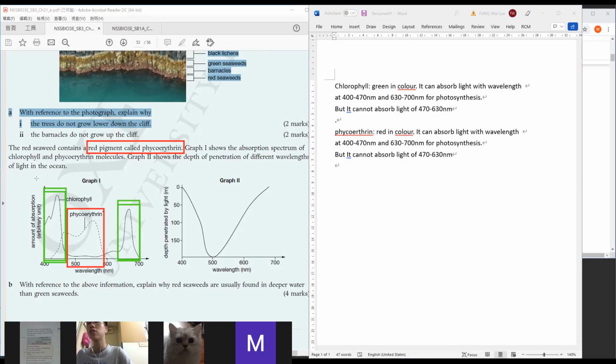So the range of light that it can absorb for photosynthesis is around 480 to 580 nm.